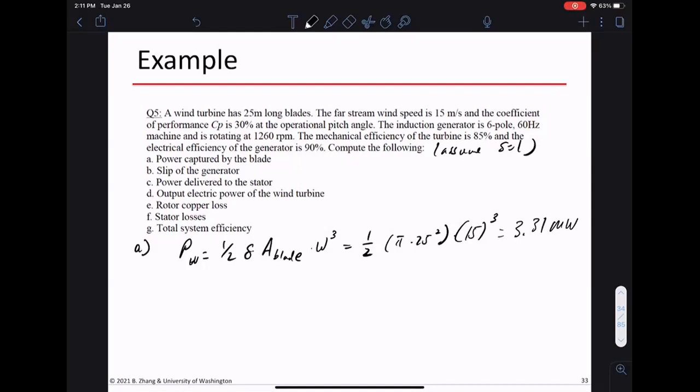We'll look at the power delivered to the stator. And then let's look at our slip. So what is the synchronous speed here of the 6-pole machine, which is rotating at 1260 RPM?